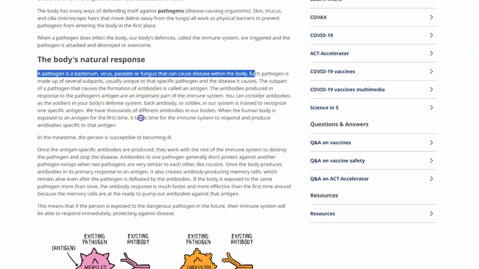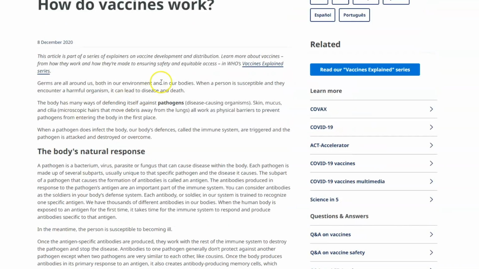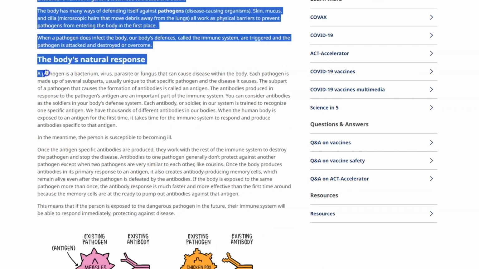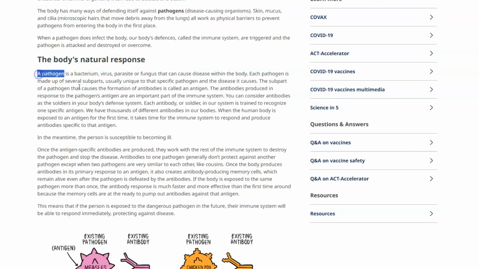So we went from this very brief single parenthetical into the sentence level, right? So we have, here's what the thing is, right? A pathogen, the type, right? It's a bacterium, virus, parasite, and then its defining features, like what it does.